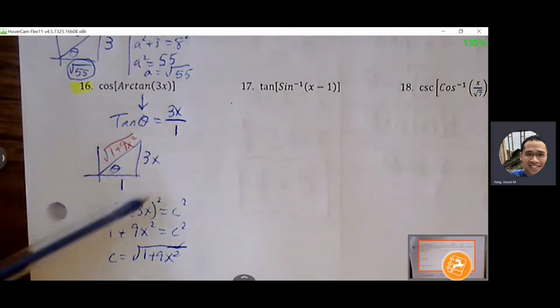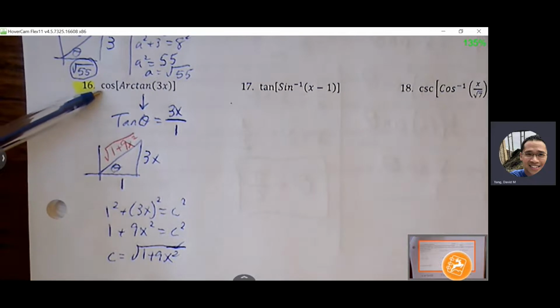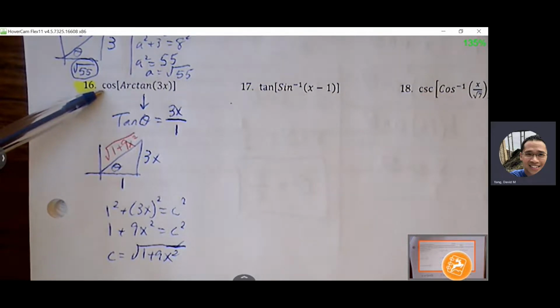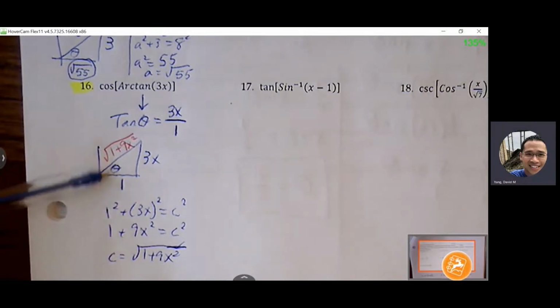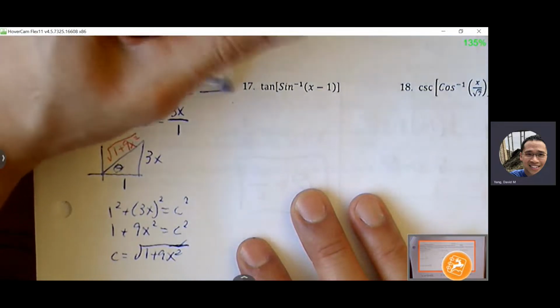The hard part is trying to get this triangle figured out. Once you get that triangle figured out, then you just do SOHCAHTOA with the outside trig function. What's cosine of theta? Good. You don't have to rationalize. You can just leave in whatever it gives you.